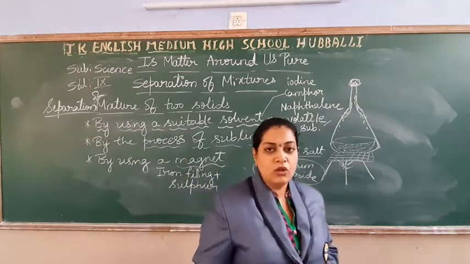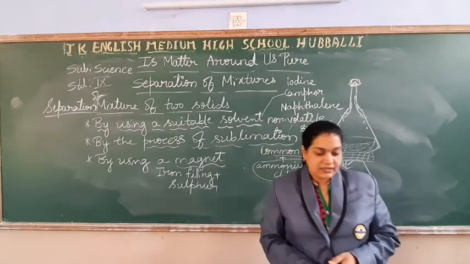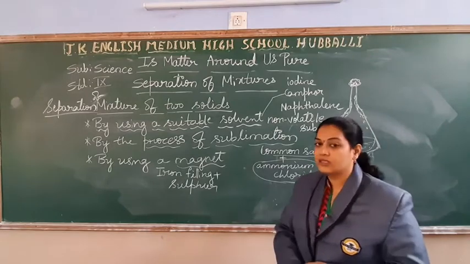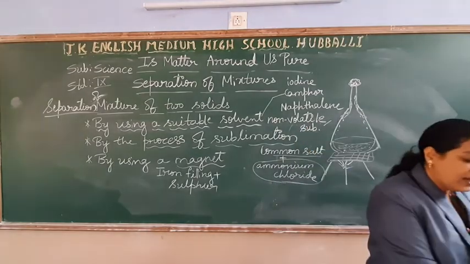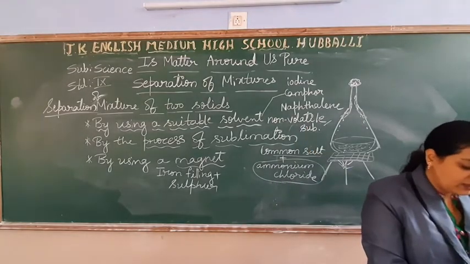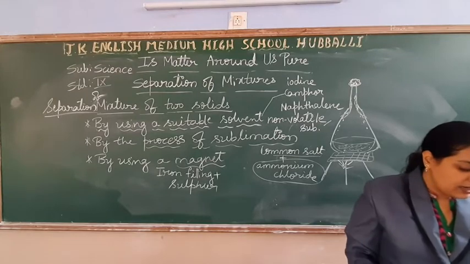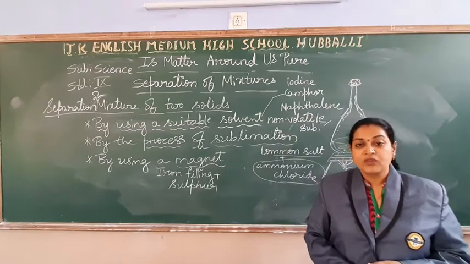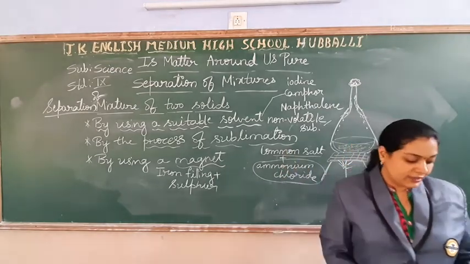Now, not just in small quantities, students. In factories, this method is used in huge quantities. Using magnets to separate the iron filings. See, in factories, what happens? There will be a large quantity of waste products, and in that there is a lot of iron content.